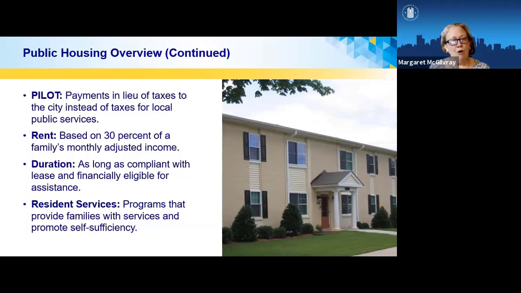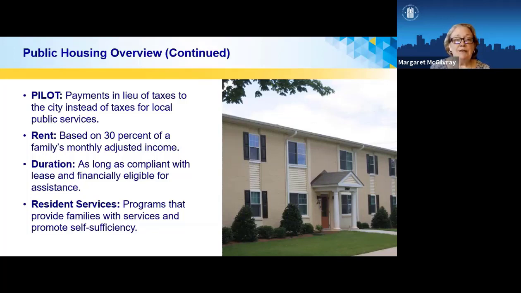So rather than hard units that the PHA owns, these are vouchers that enable people to go out and get a private apartment. The Housing Choice Vouchers are administered by the PHA, and the PHAs receive federal funds called administrative fee from HUD to administer the voucher program.